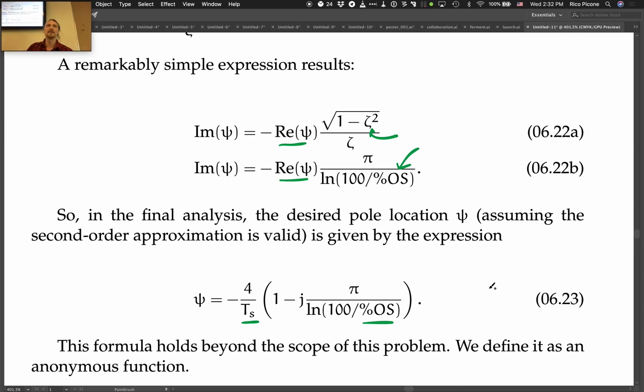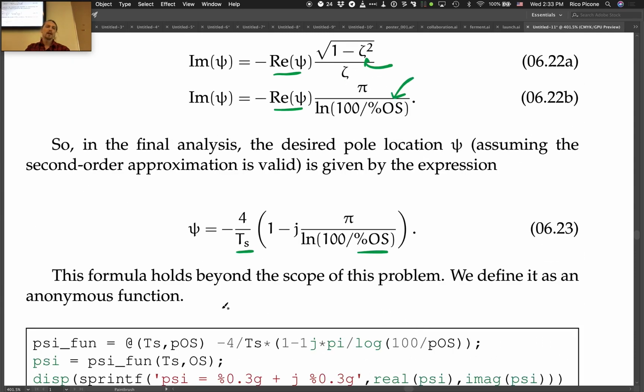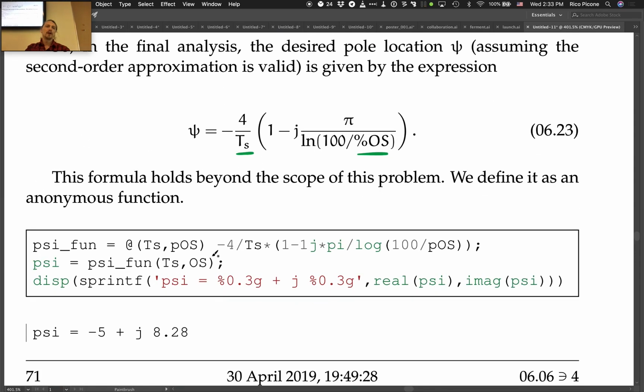When you're going to do a lot of these design problems, it's nice to have these formulas that are more general to work with. So this gives us the location of our psi if we have a specific percent overshoot and settling time that we would like to work with, which are two of the most common design criteria. It's a useful one. Good. So we define in MATLAB an anonymous function for it.